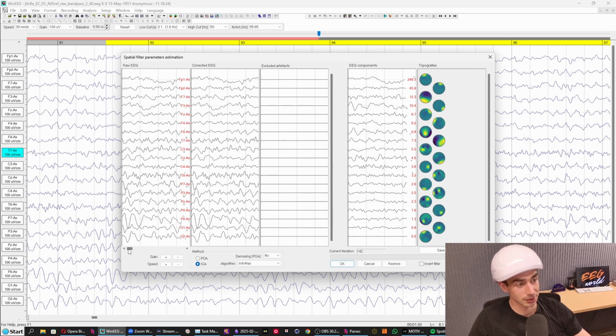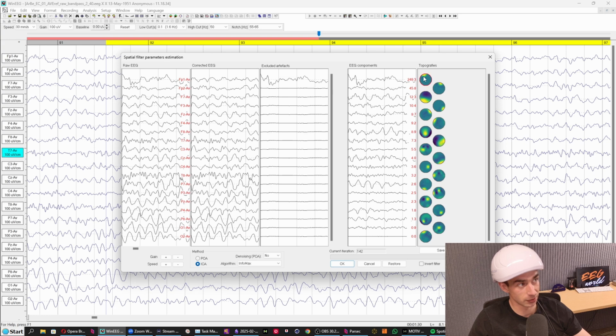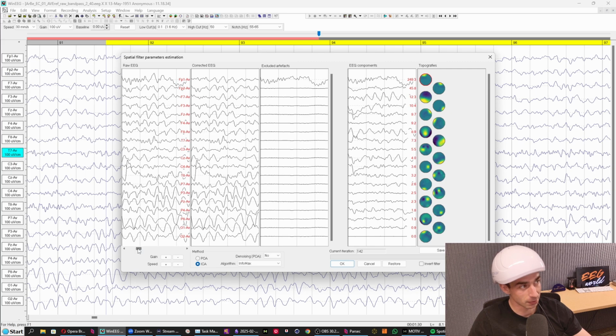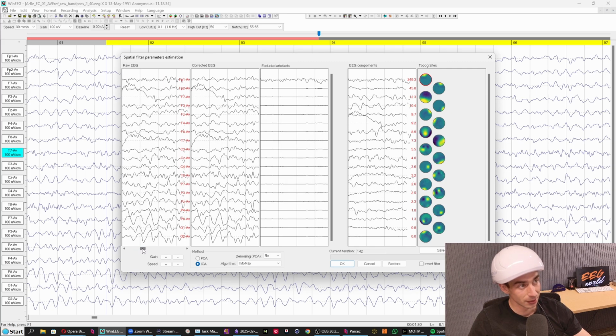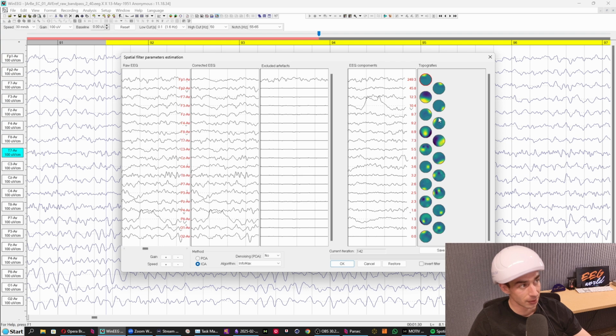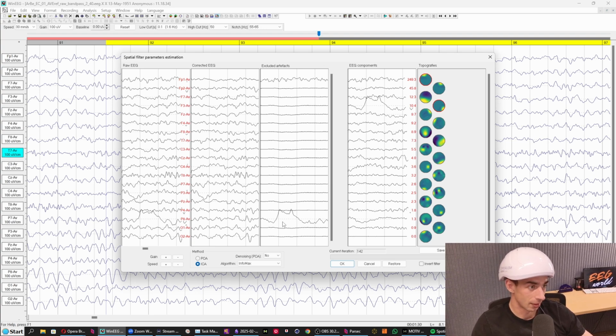And what do we got here in the component topographies? We have what's likely some eyelid flutter. And here we have a nice P8 component that's doing a good job of getting that electrode instability out.